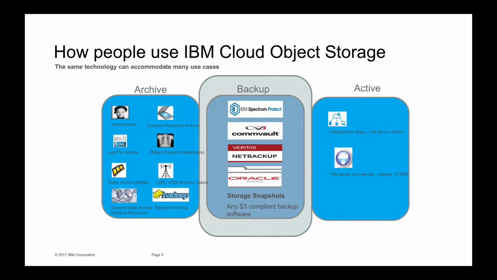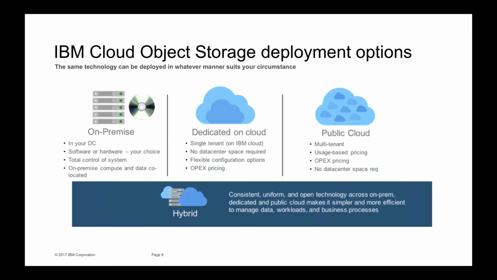And on the active side, we have things like collaboration applications, file sync and share, NAS gateways that provide cheap NAS storage with an IBM Cloud Object Storage backend. These are all the typical use cases for IBM Cloud Object Storage.